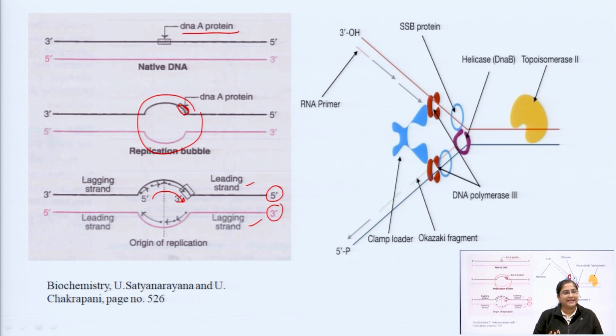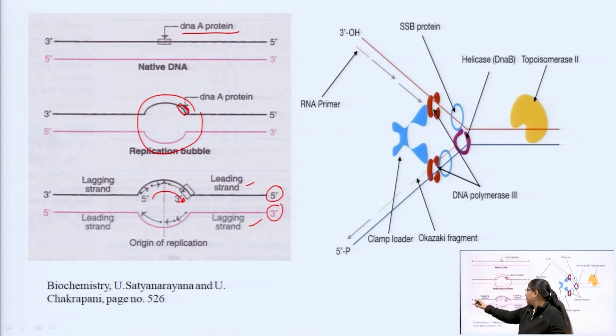And then the lagging strand means there will also be DNA synthesis, daughter DNA synthesis, but as I told you, synthesis will only happen from 5' to 3'. Now here is a problem. In the lagging strand there is a problem, because both the parent strands are complementary to each other.